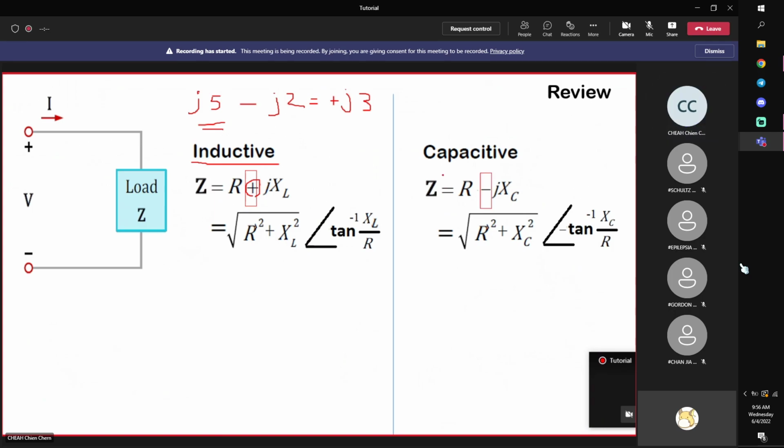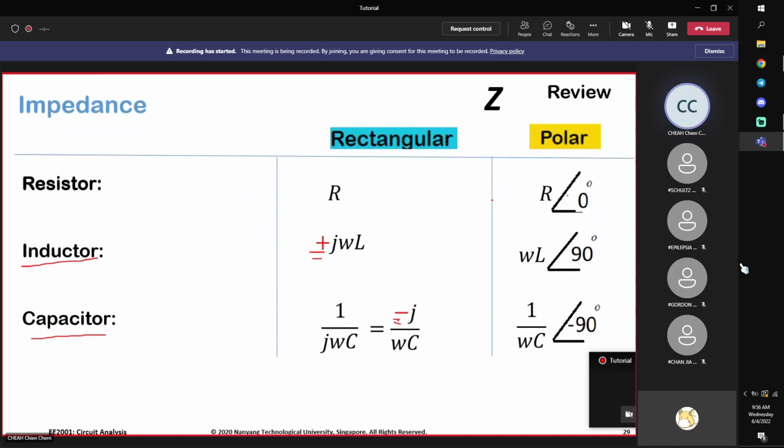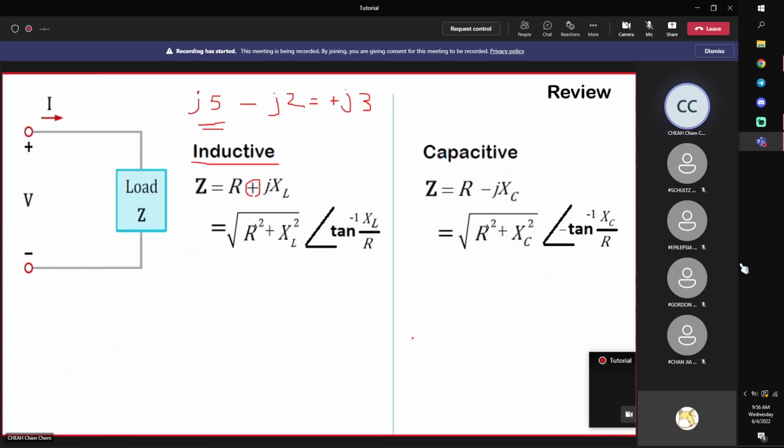Now, suppose that after you combine the loads, the equivalent value gives you a negative imaginary number. We call it capacitive, because a capacitor has negative reactance, negative j omega C. If I see a negative value in the imaginary part of my equivalent impedance, I call it capacitive, meaning capacitor dominance.